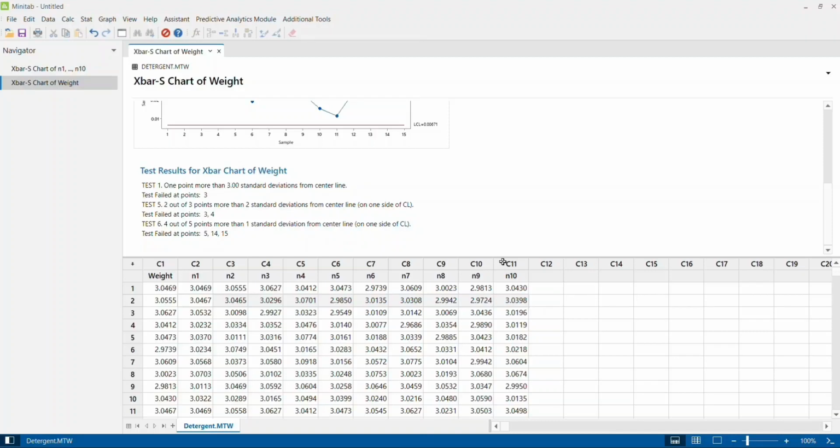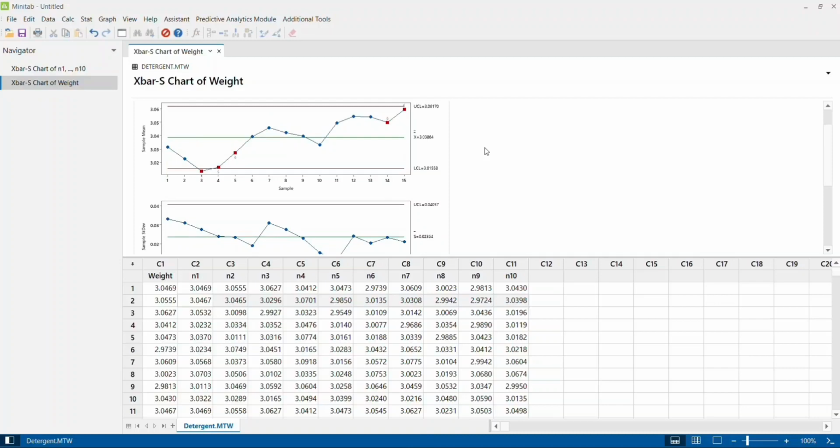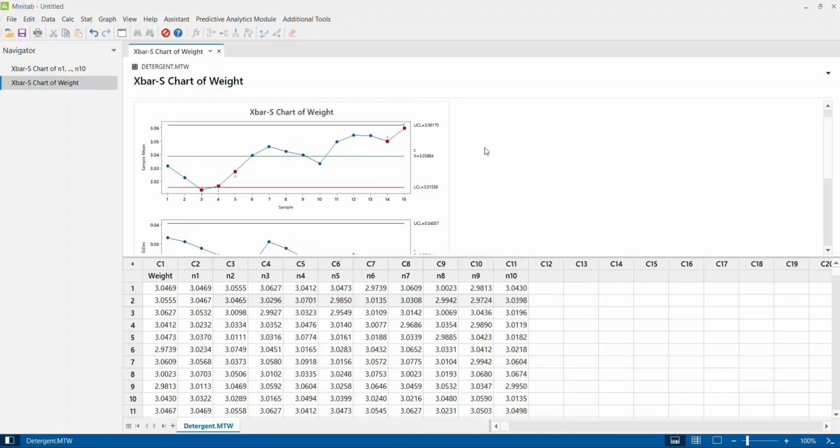And once we have calculated this, we need to calculate the control limits. For the X bar chart, the formula is X double bar plus A3 times S bar, which is nothing but the average of standard deviations. And A3 is a control chart constant, which is available in the control chart constants table. And the same X double bar minus A3 times S bar will give you the lower control limit.